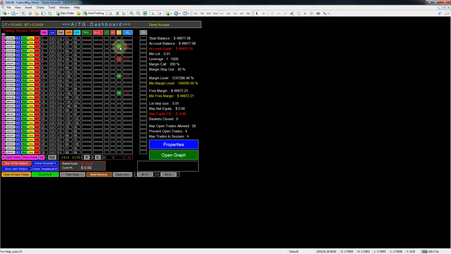Remember, if there's a signal already open, a trade already open, and a signal comes in, you cannot take a trade automatically. You can only take 1 automatic trade at a time. Over here you can add on with these because these override everything. So that's basically how the buttons down here work for a basket.